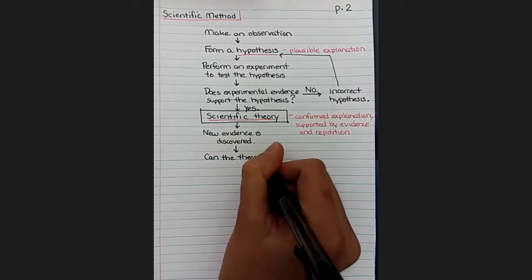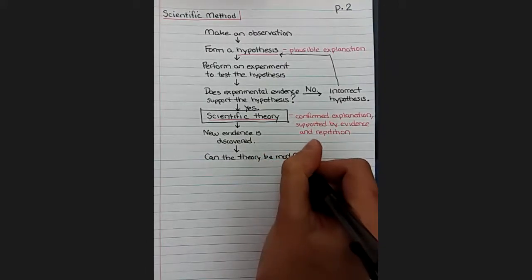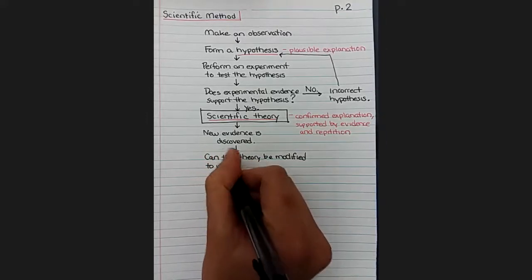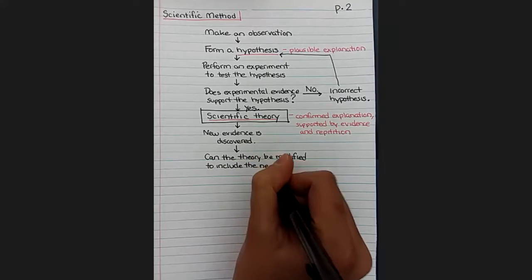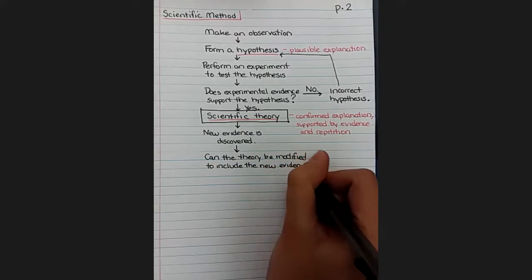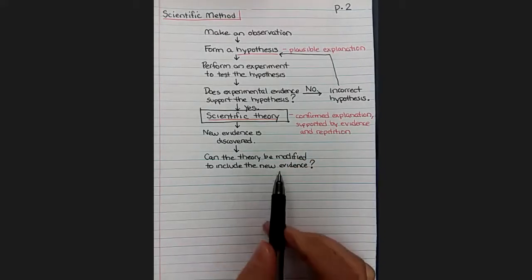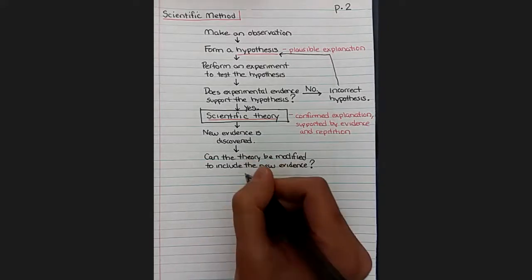Can the theory be modified to include the new evidence? Every time you do an experiment, it should align with a scientific theory. And if you can consistently prove that there is new evidence that doesn't relate to a scientific theory, then you're going to have a problem.